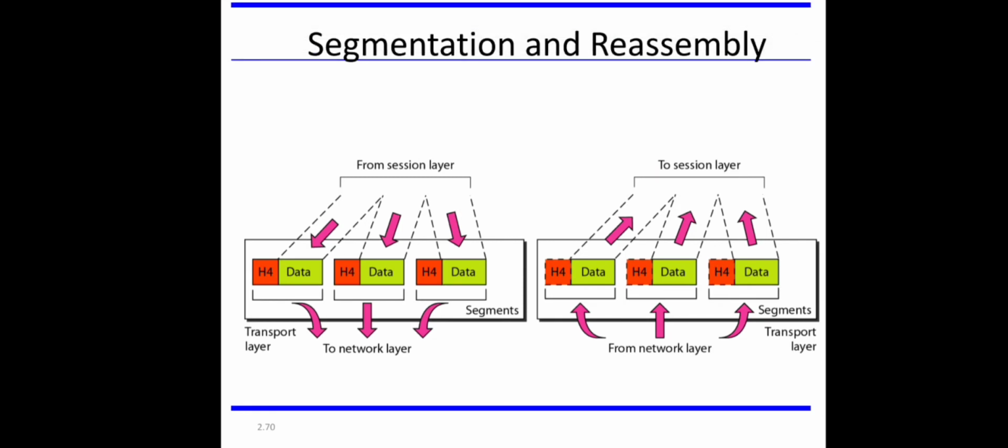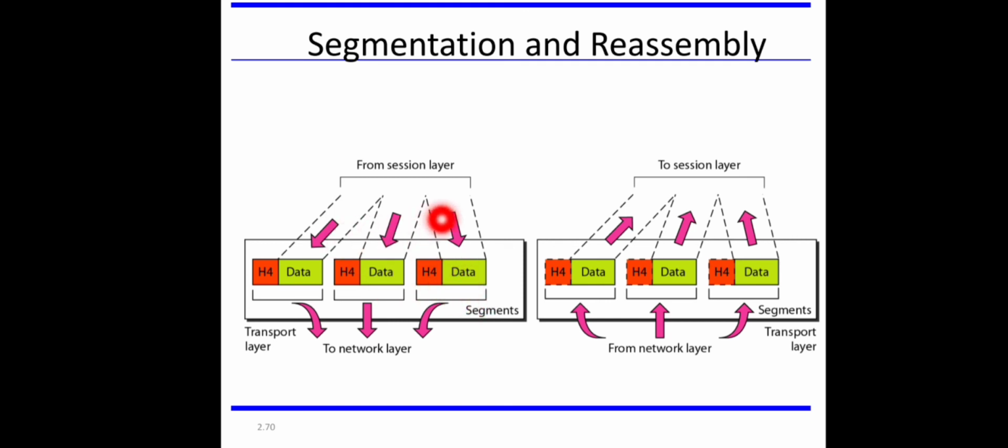The next functionality is segmentation and reassembly. As we know, the message from the user may be too long to handle by the network. So that message will be handed over by the session layer to this transport layer. Now it's the duty of this transport layer to cut that entire message into different parts, and those are called segments.